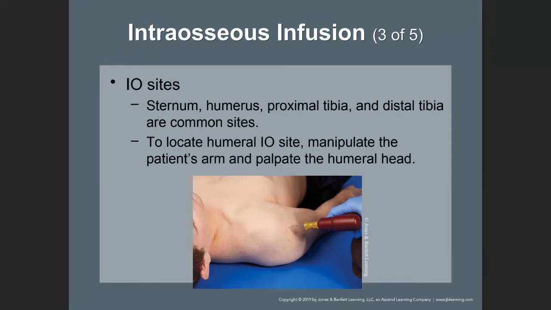To locate the humeral IO site, manipulate the patient's arm and palpate the humeral head. Sternum and humerus are common sites for adults. The proximal tibia is for pediatrics, distal tibia is for adults.